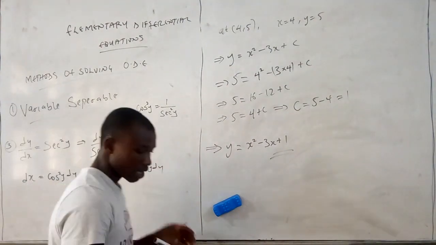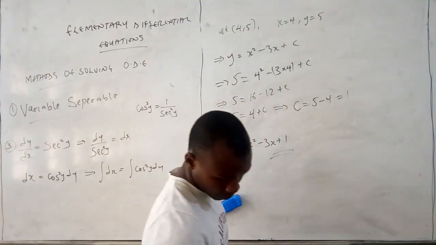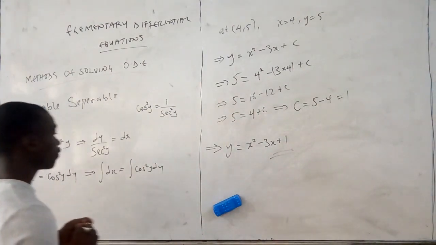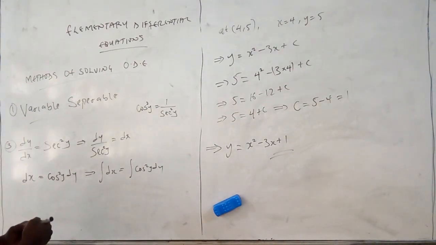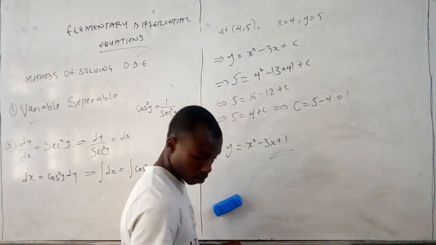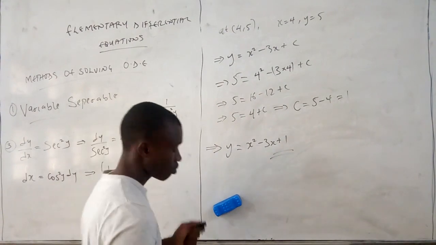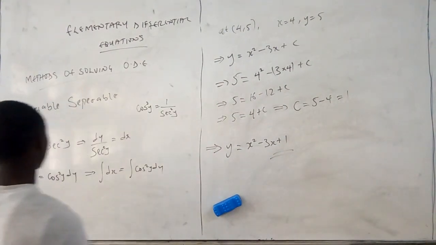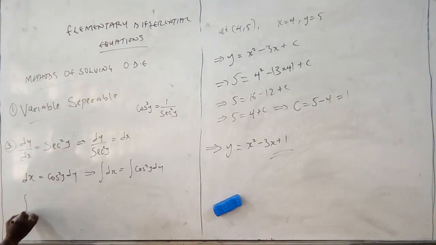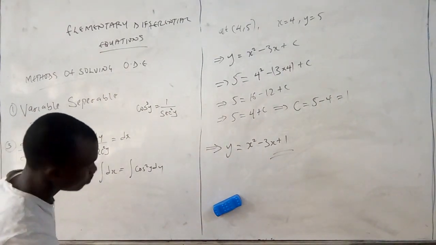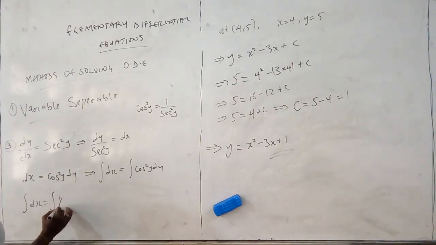So for the left hand side, there shouldn't be a problem, which is integral of dx. But for the right hand side, we have to do some manipulation first. You have integral of dx is equal to integral of 1 over 2.